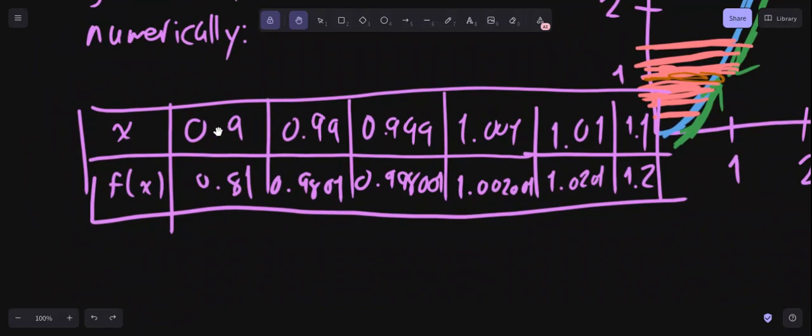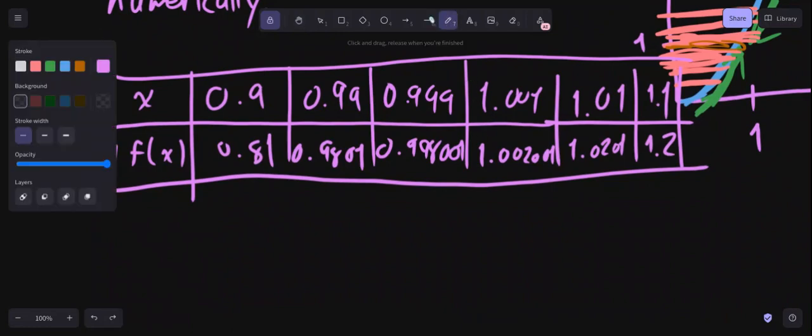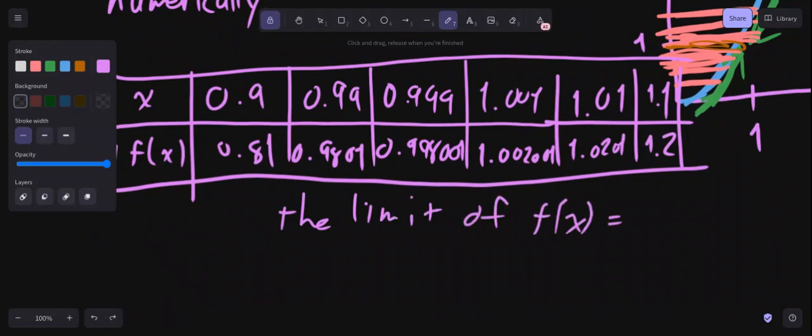We would see that as these values get closer and closer to x equal to 1, our f of x values are getting closer and closer to 1. So we would estimate that the limit of f of x equals x squared as x approaches 1 is equal to 1.